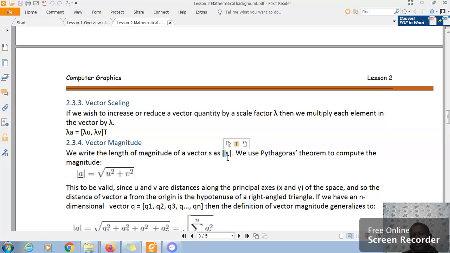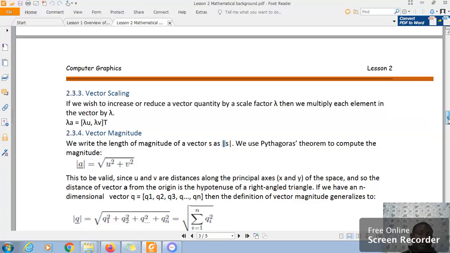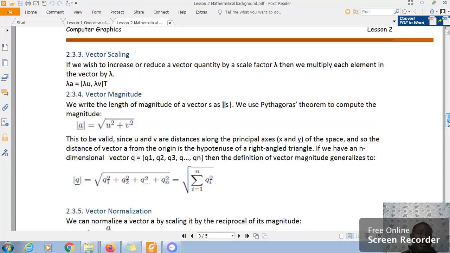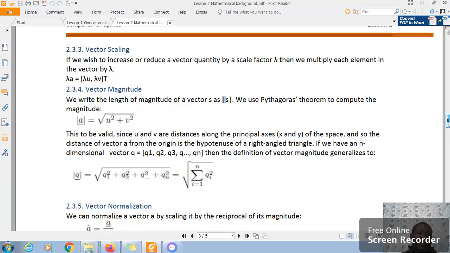That means it's absolute, because sometimes in vectors we have negative values, but the length shouldn't be negative, because it is a value that reflects the length of the vector. So independent of whether it's facing in whichever direction, the length is still going to be equal to this much. We use Pythagoras theorem to compute the magnitude, which we compute as the square root of the sum of squares of the values in the vector.